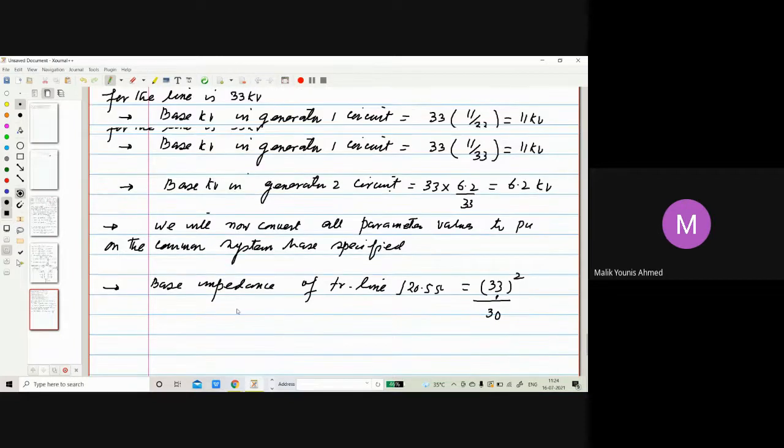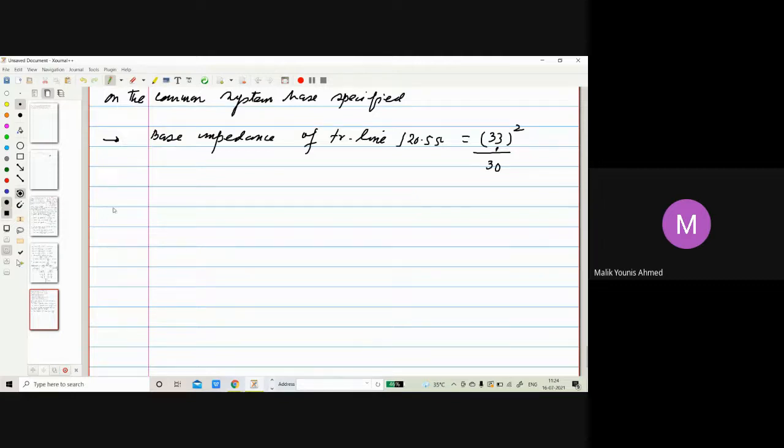Now the per unit reactance of the transmission line is j 20.5 divided by this value, which comes out to be j 0.565 per unit. That was the transmission line.